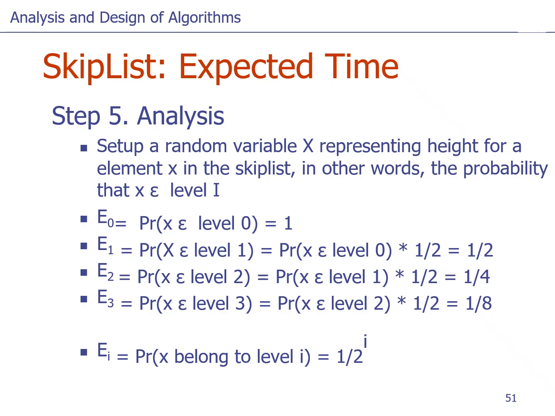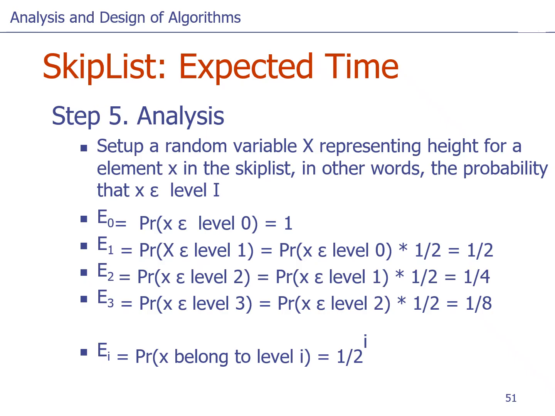Okay. What's the probability of being in level 2? To reach level 2, it must be in level 0 and must be in level 1 and must be in level 2. The probability of being in level 1 we already computed is a half. And then we are assuming that we will put it in level 1 and we will put it in level 2. If you remember from your math courses, when we say and in probability, that means we multiply.